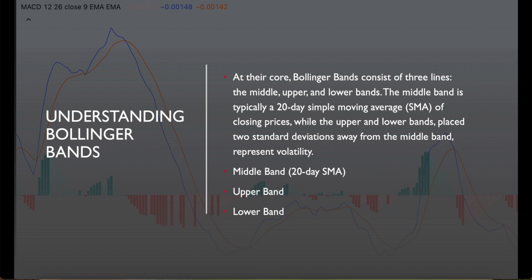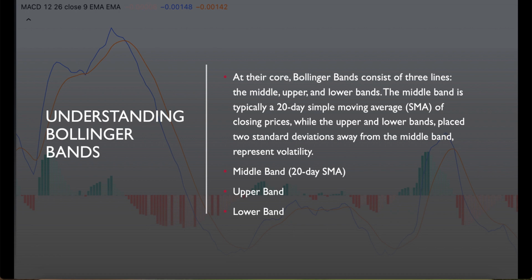And the lower band is the opposite of the upper band, in that it acts like support. So when the price drops to the support, we anticipate that the price is going to bounce off the lower band and go up. Vice versa, it's going to bounce off the upper band, which is the resistance level, and go down.